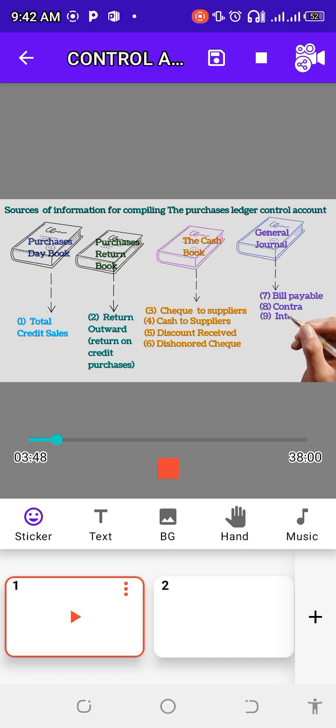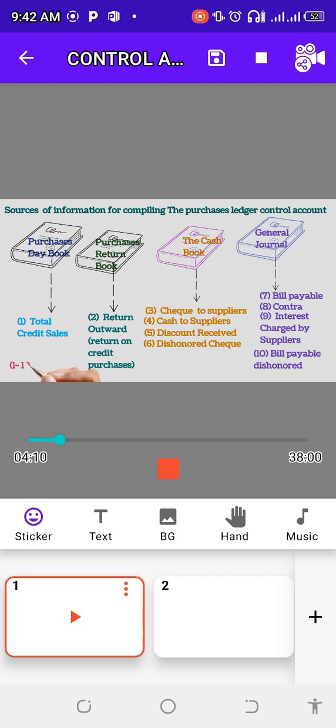Then we get information like interest charged on overdue accounts. That is when the business fails to pay certain amounts owed, the supplier may charge interest. Then the last information is bills payable dishonored.